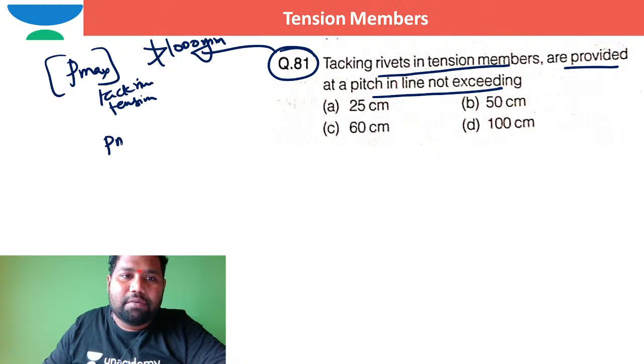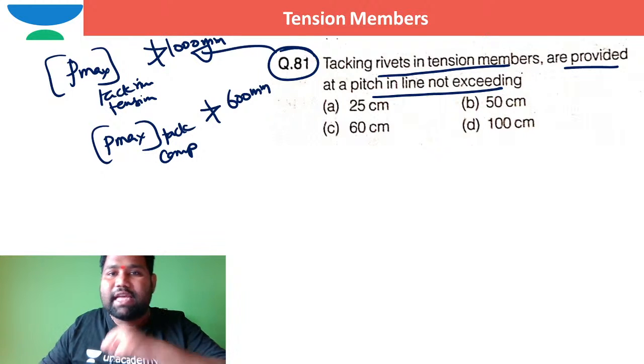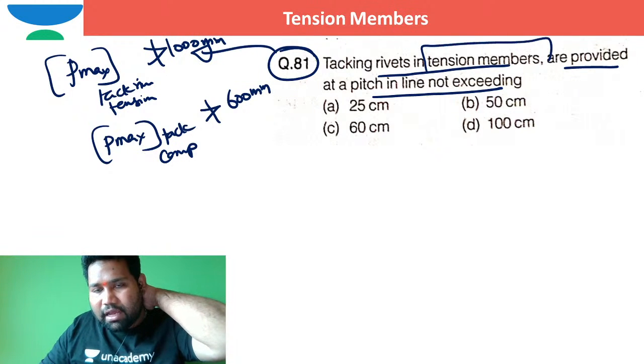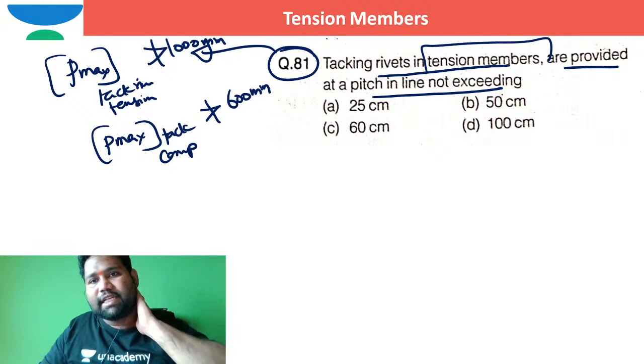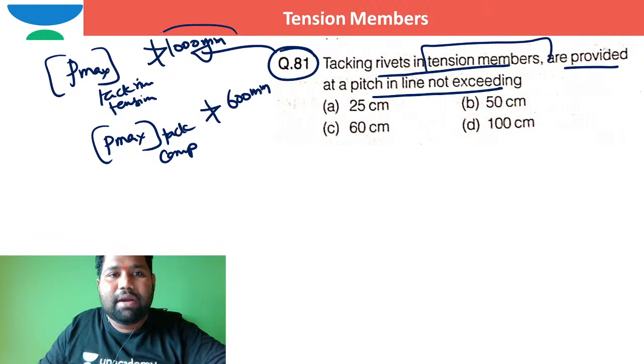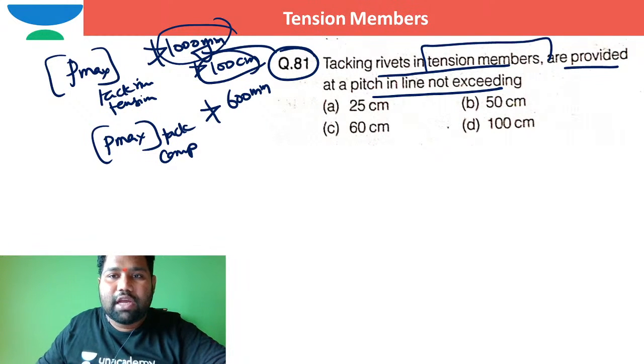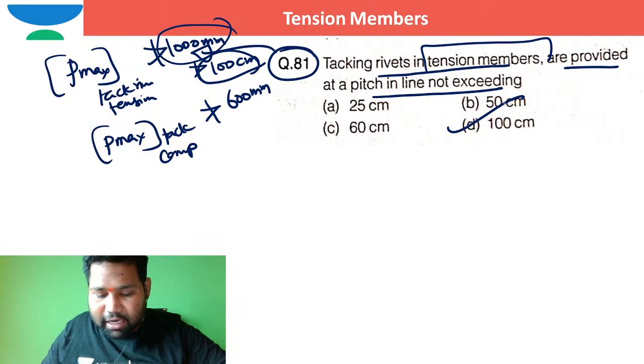For compression members, the maximum pitch for tack rivets should not be more than 600 millimeter. As they are asking about tension members, it should not exceed 1000 millimeter, which means 100 centimeter. The correct option is D.